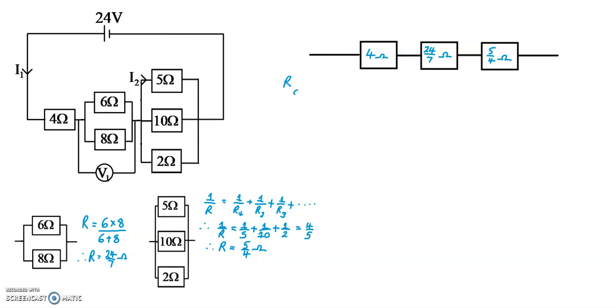So R circuit equals, because these 3 resistances are in series, to find the total resistance we just add the resistances together. And this gives us an exact resistance of 243 over 28 ohms.